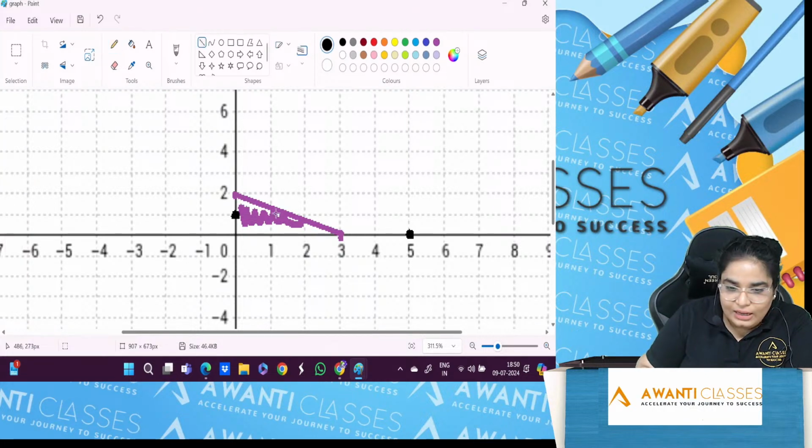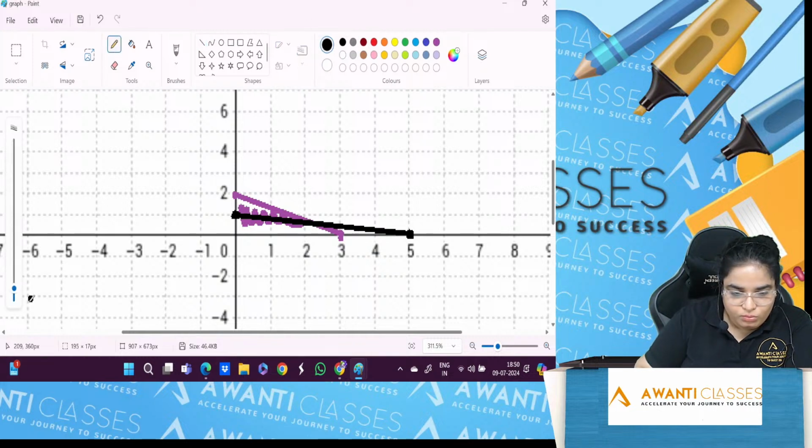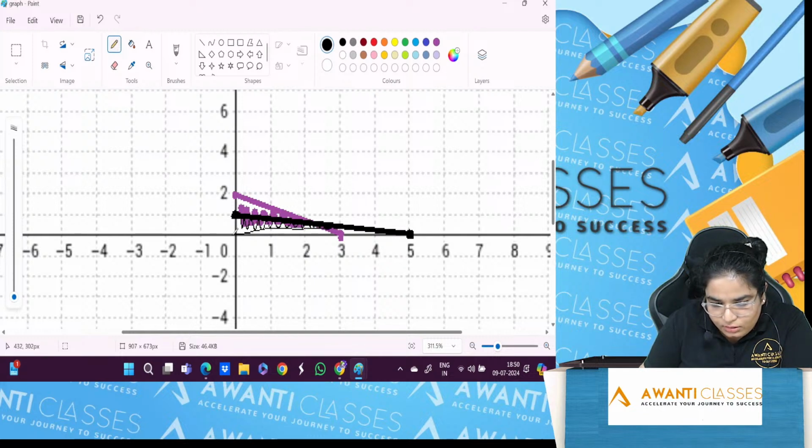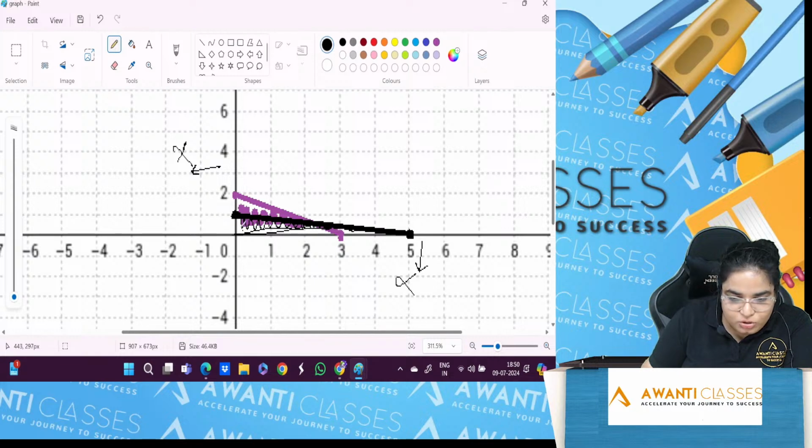So here we'll have to draw the line from here till here. Okay. Great. Now here the shading will be right there, because neither x nor y can be negative. So it has to be only till here.